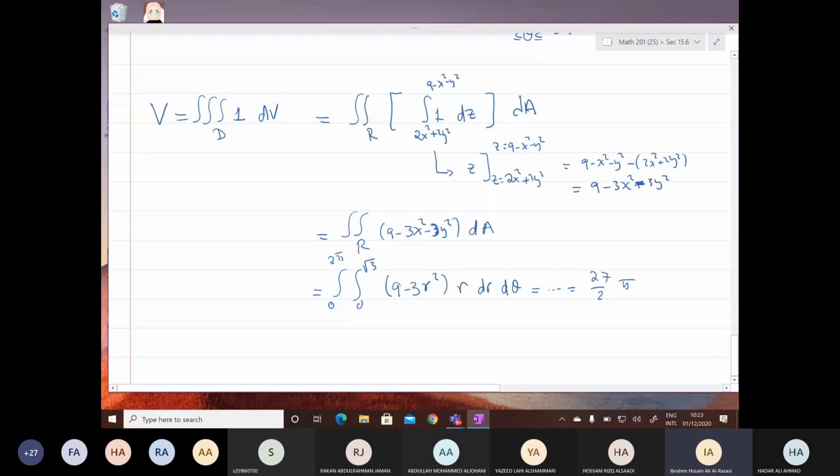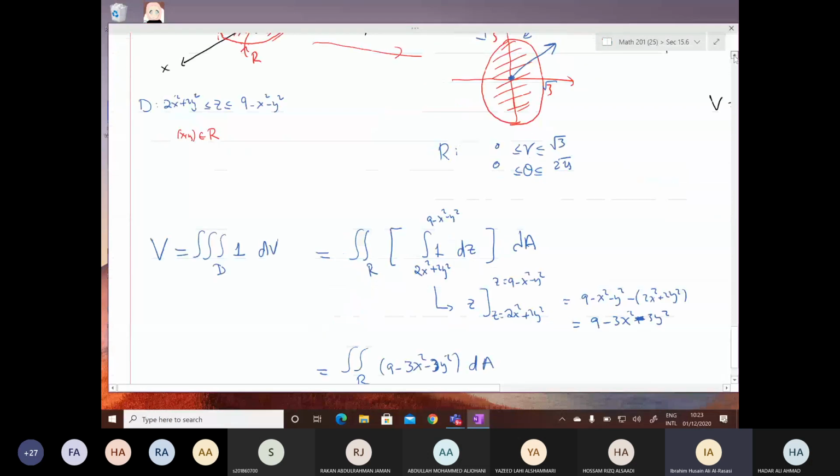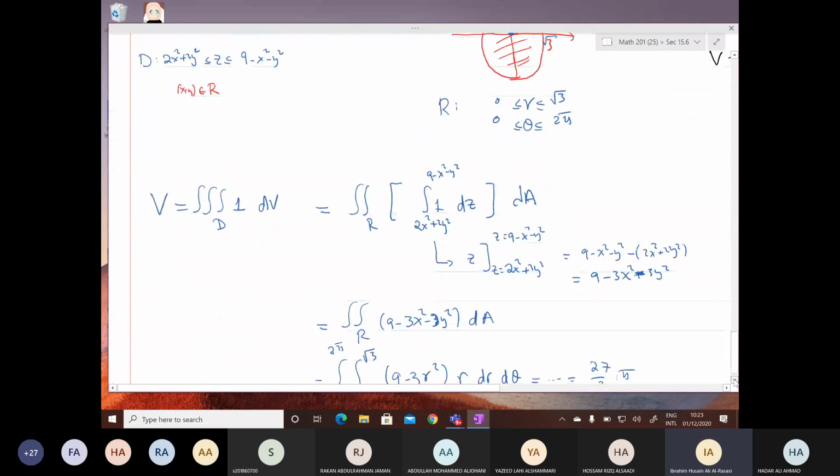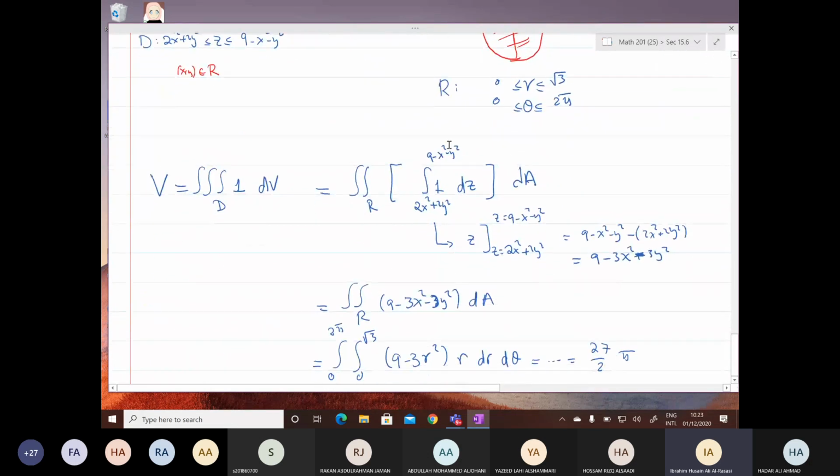This is how to evaluate. Finding the region R is usually done by finding the intersection, and then you bring the intersection into the plane. Also pay attention: after you evaluate the inner integral, you end up with a double integral. To set up its limits, you can use rectangular or polar coordinates, depending on the region.